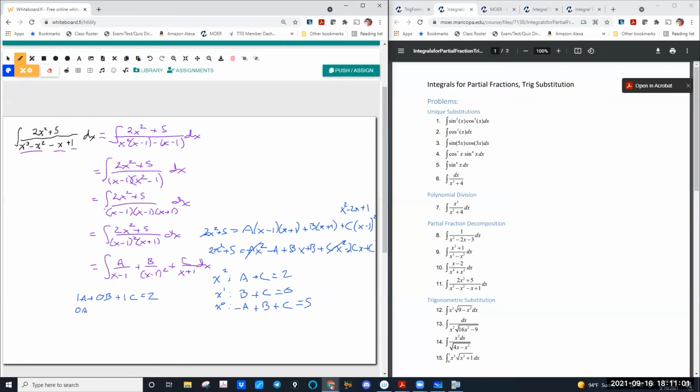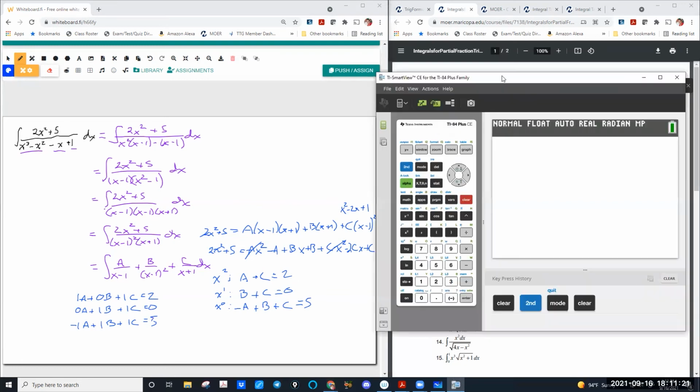I have 0A plus 1B plus 1C equals 0. And I have minus 1A plus 1B plus 1C equals 5. We're going to use the calculator in a matrix to solve this one.